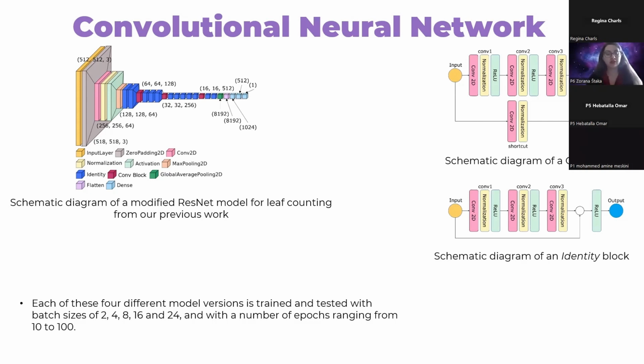So we trained everything, for example, with batch size 16, we used instance, layer, batch normalization, and switchable normalization. And then we calculated the performance of the network: the accuracy, the mean squared error, and also the difference in count and absolute difference in count after 10 epochs, after 20, 30, and so on, up to 100 epochs.